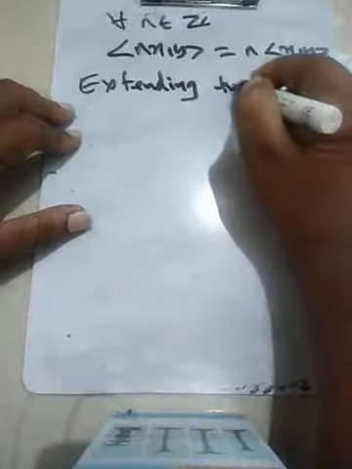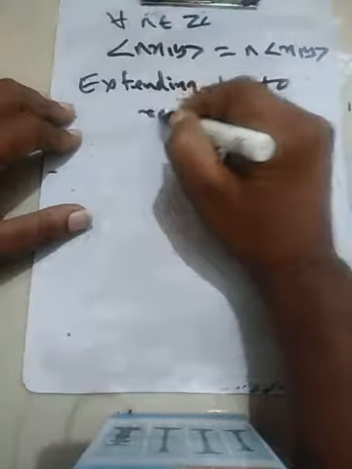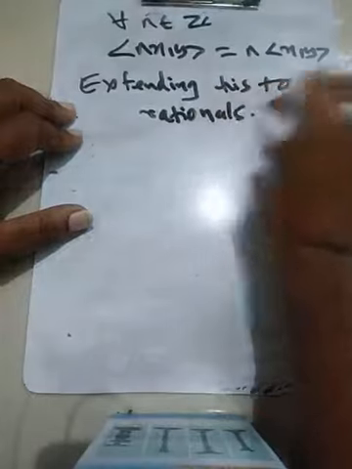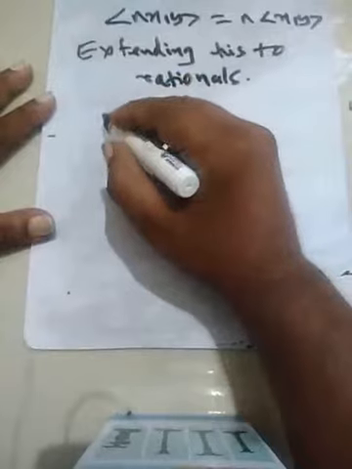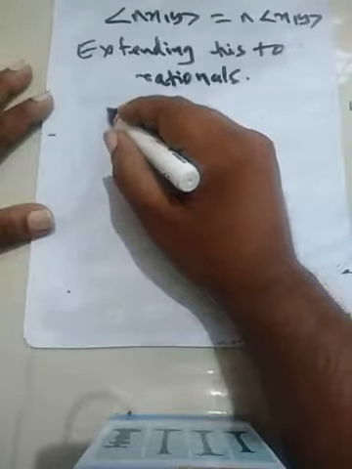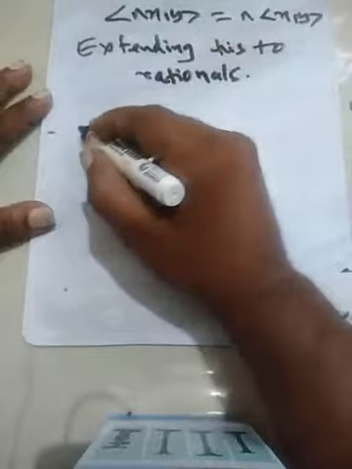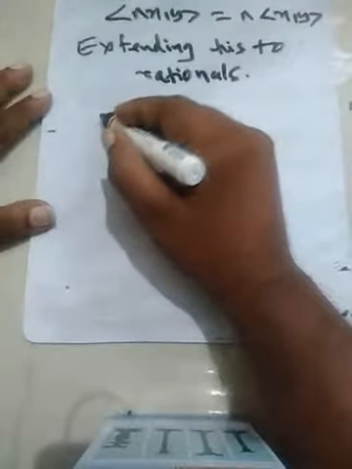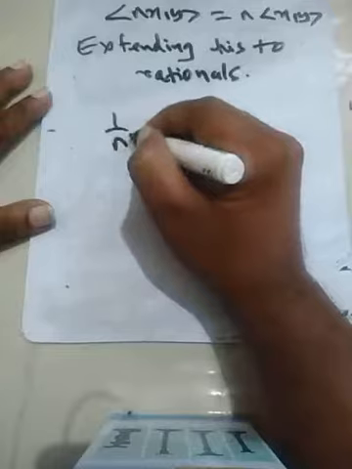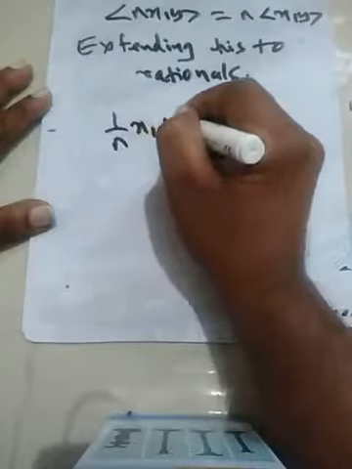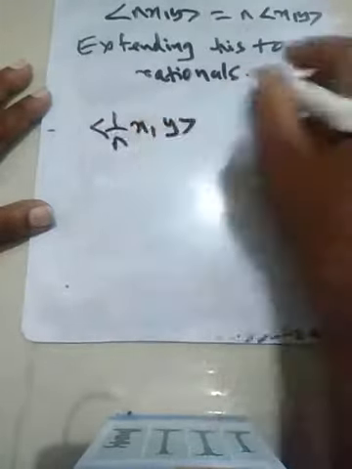Now extending this to rationals. How do we extend it to rationals? Consider the following number, say 1 by n x.